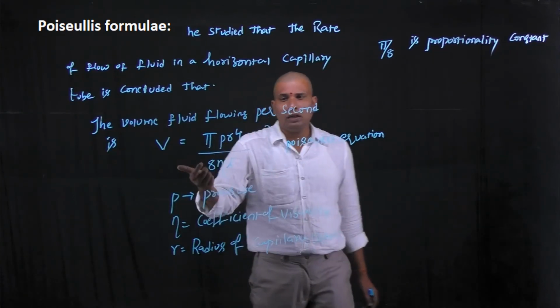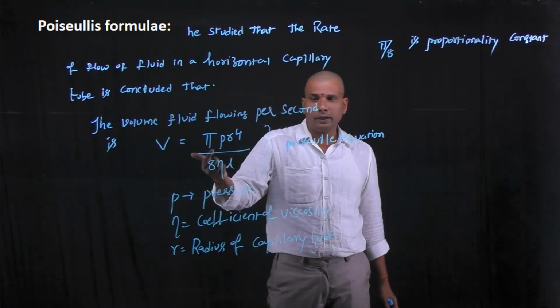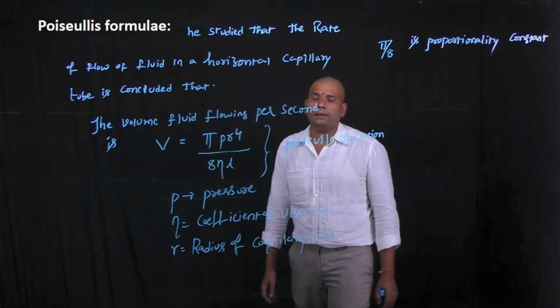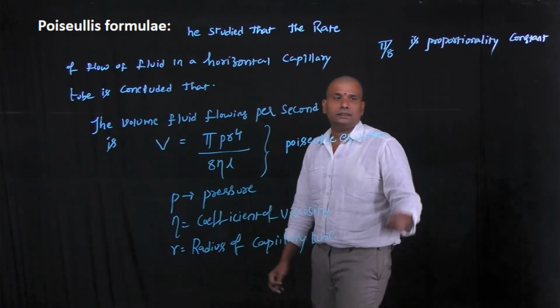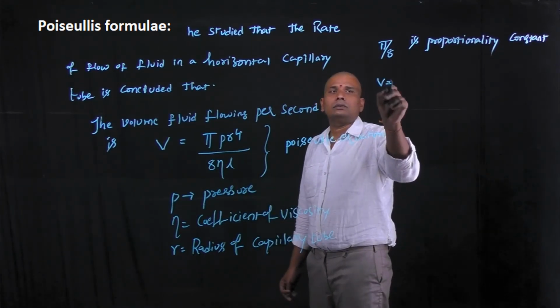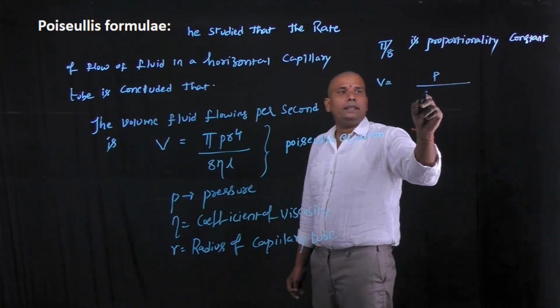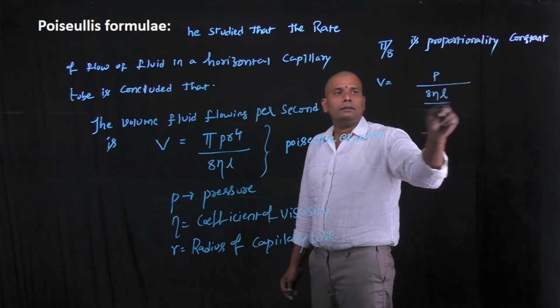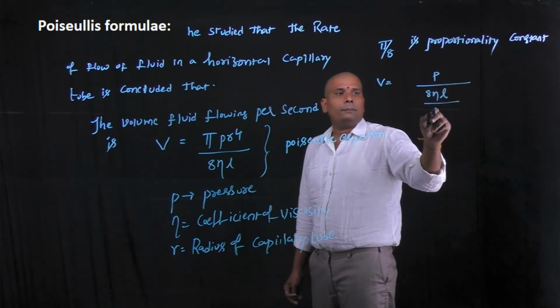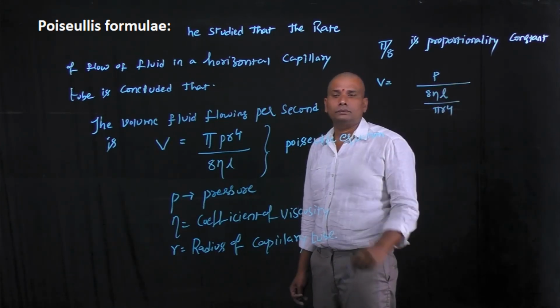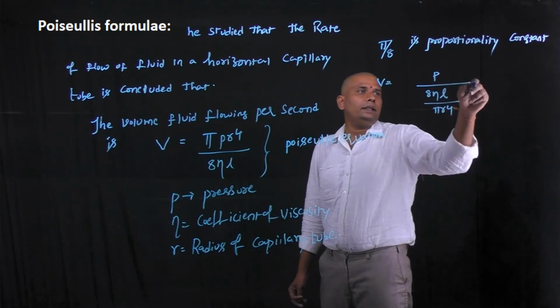And this volume of a fluid flowing per second through a capillary tube is written as V equals P by 8 eta L by pi r power 4.